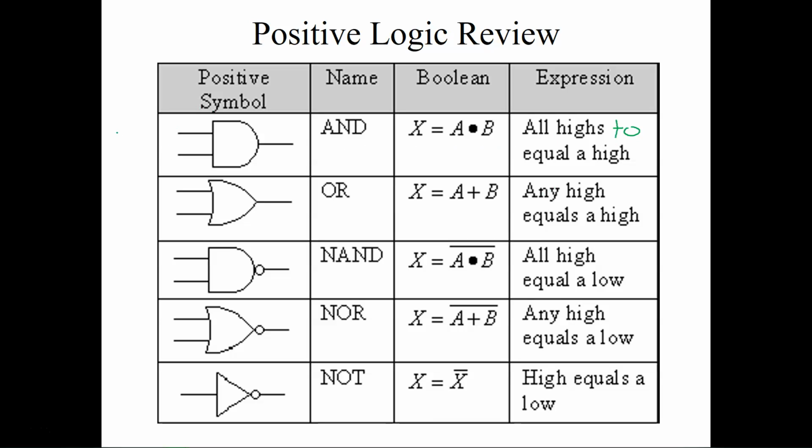So again, that truth table means that this has to activate and this has to activate with a positive signal to get this to activate with a positive signal, right? For an OR gate, any one of the two inputs, plus, if it has 3 inputs, 7 inputs, I don't care. Any one of the inputs creates an output. So that was why any high equals a high.